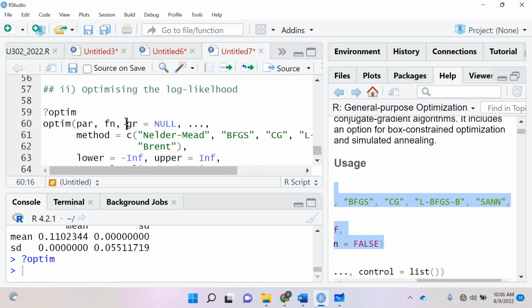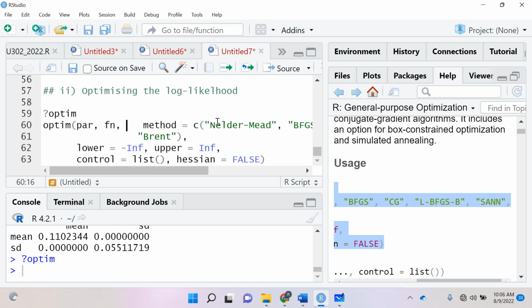Then more importantly, so this one we can always use it. More importantly is the method, right? So the method, as I was saying, there are so many methods. Each of them has its advantages and disadvantages. Okay, so now we have a method that we'll use.